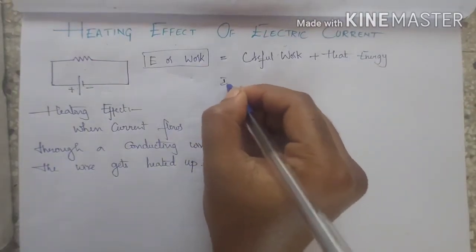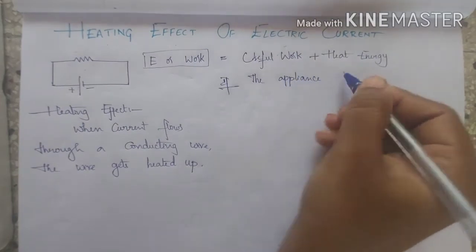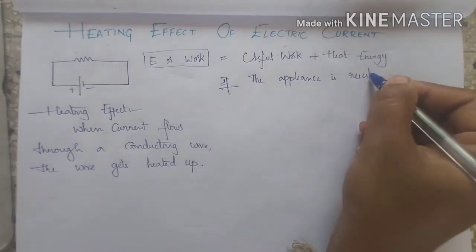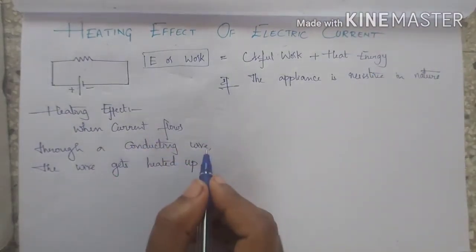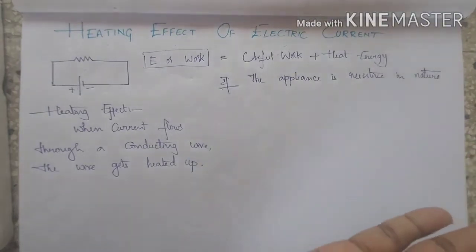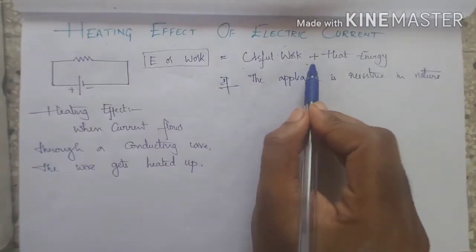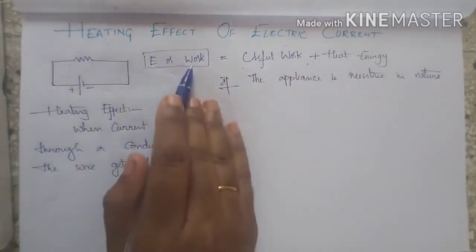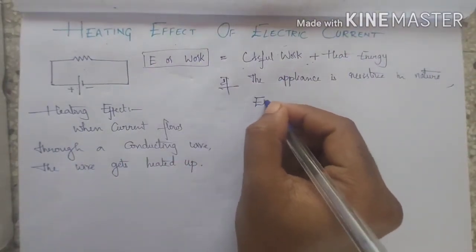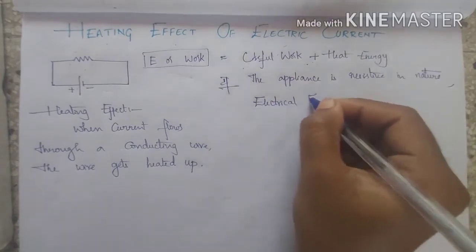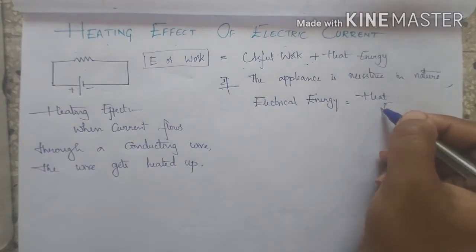But if the appliance is resistive in nature, which means it is not a purely conducting wire but a resistive wire, the opposition to the flow of charges will be high, which means no work is done by the resistor. Instead, the entire electrical energy is taken as heat energy.